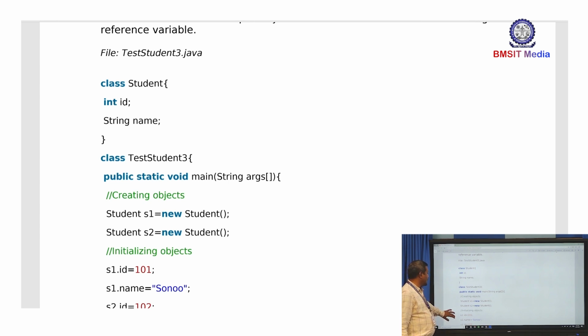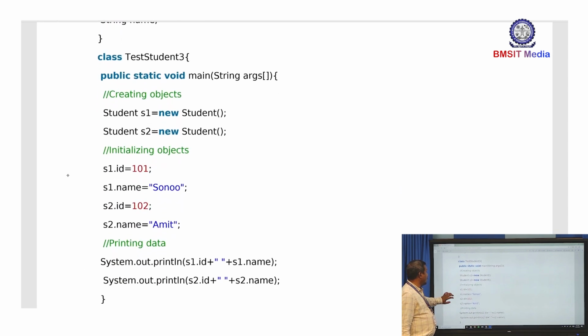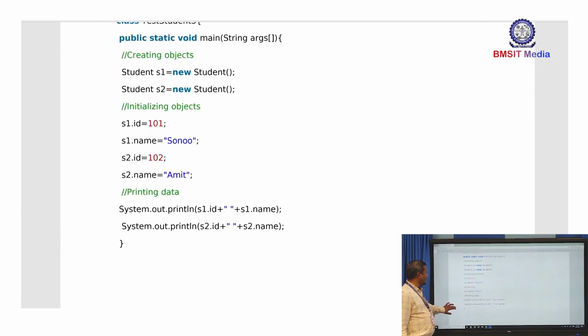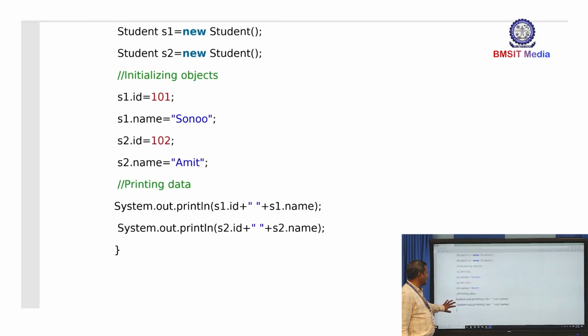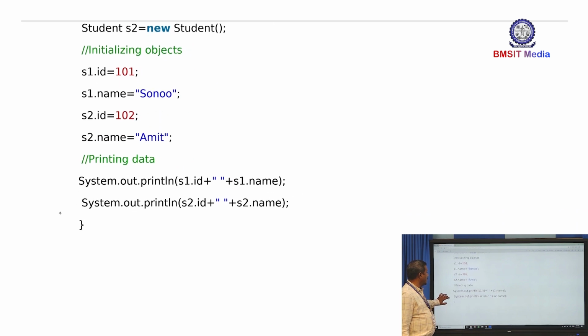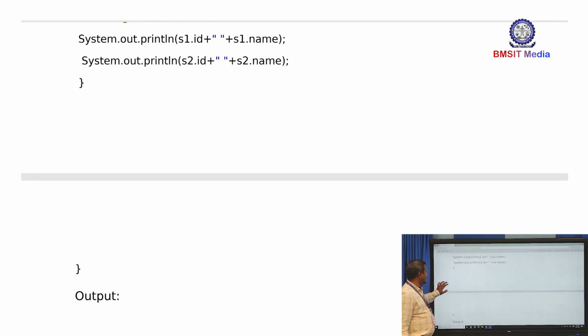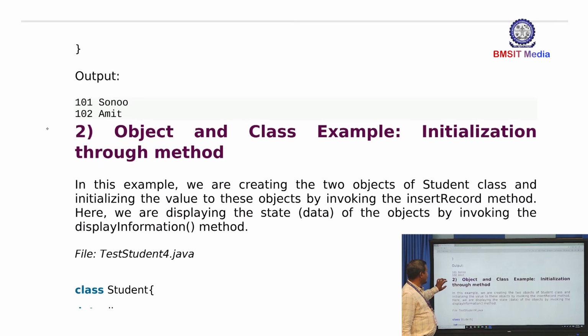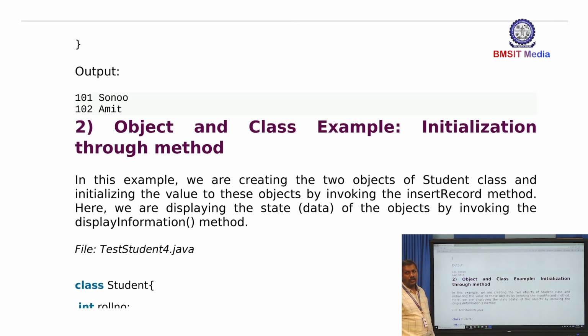Then we initialize s1.id equal to 101 and the name, then s2.id equal to 102 with the name Amit. Then we use the standard System.out.println to print the values. This is the output we are getting.